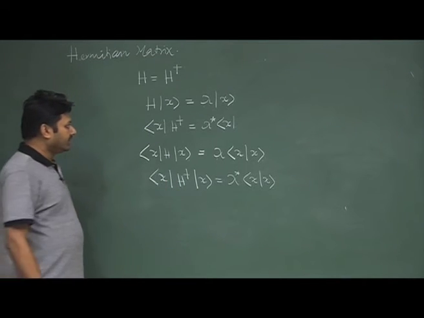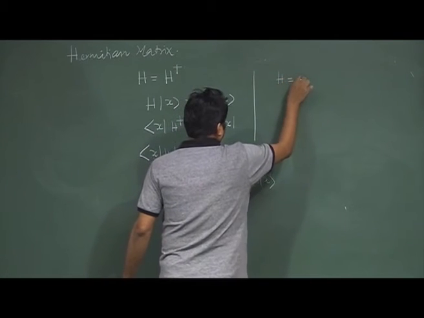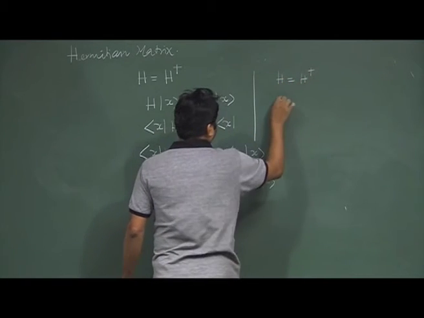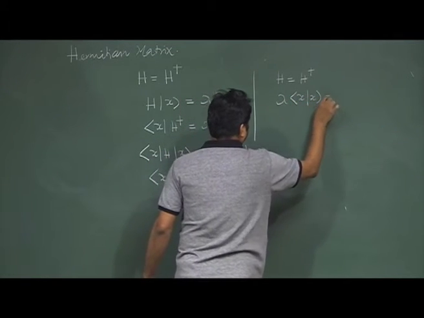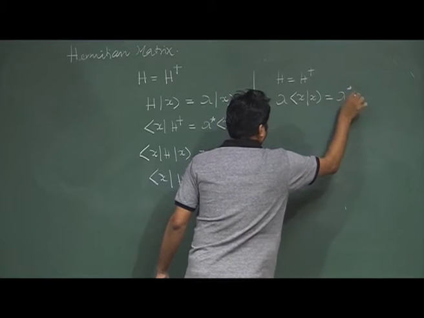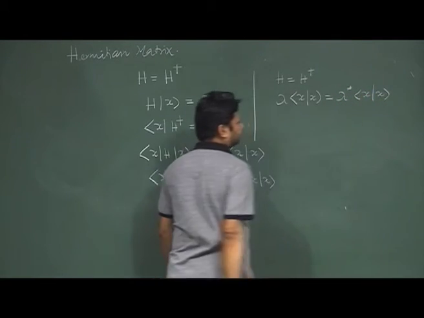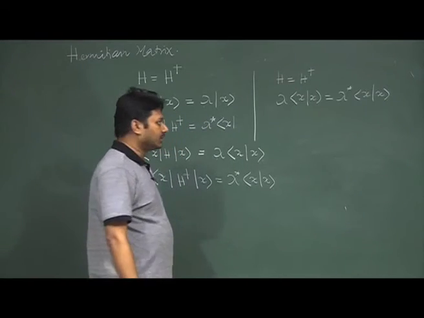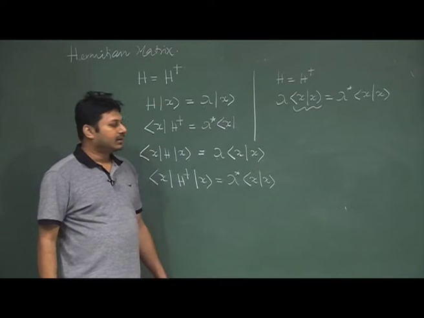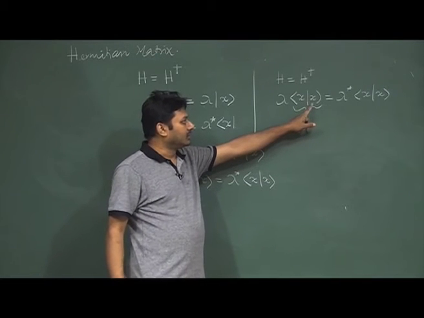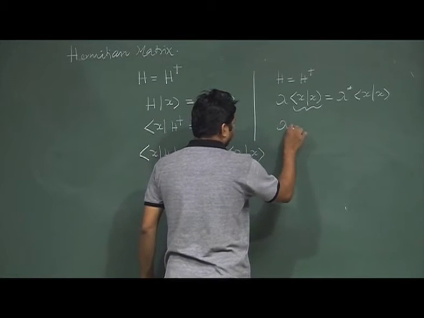So eventually, since H is equal to H dagger, I have lambda times this quantity equal to lambda star times this quantity. Fine. What is this quantity? It is x, the vector inner product with the same vector. So this is a norm. So I can write this equation like this.